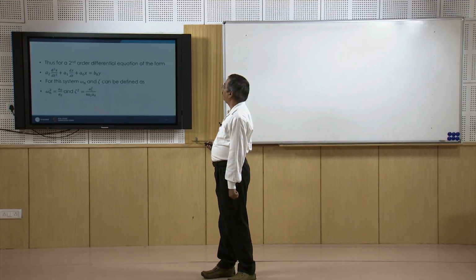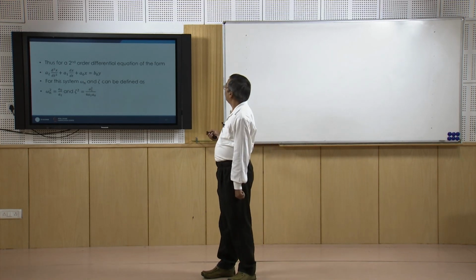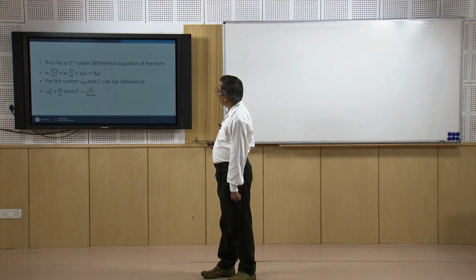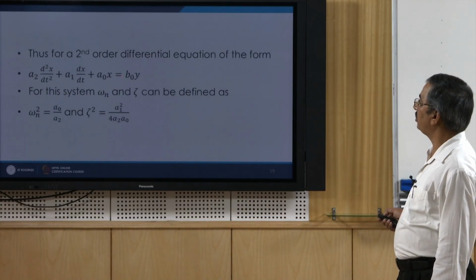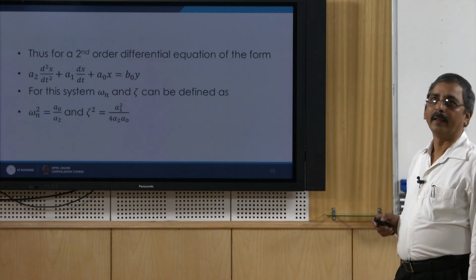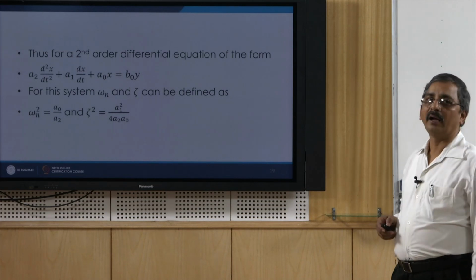Thus, we can write a general form of the second order differential equation, and this could be like this: a2 d square x by dt square plus a1 dx by dt plus a0 x is equal to b0 y, okay, where y is the input and x is the output.